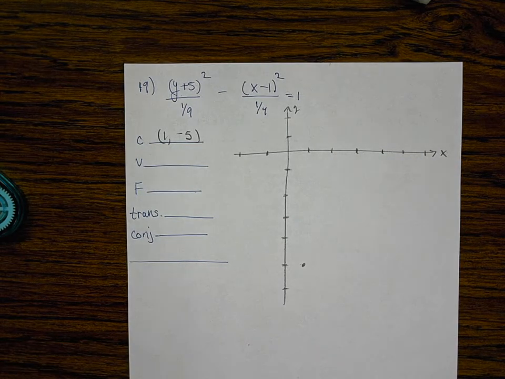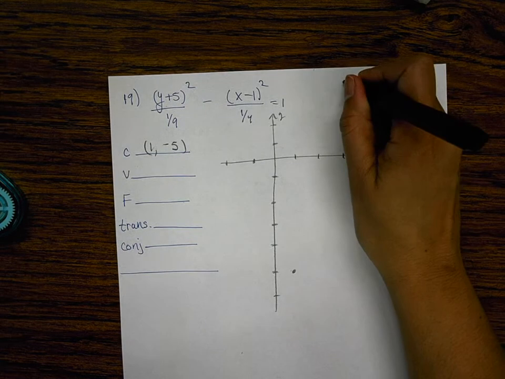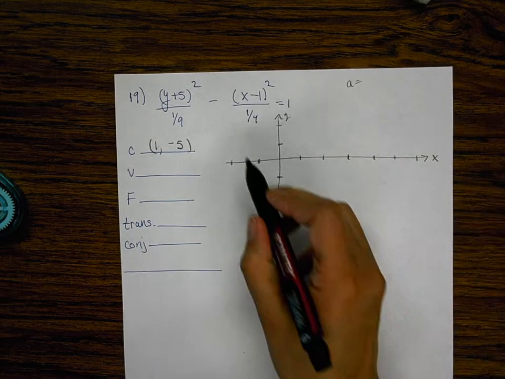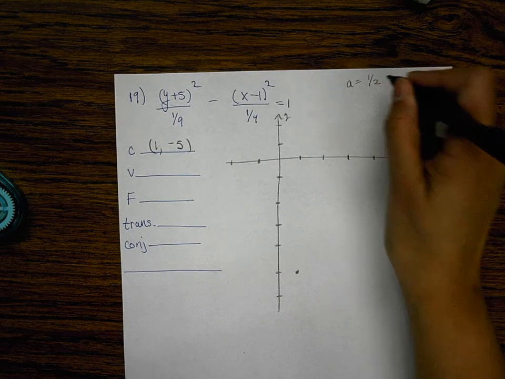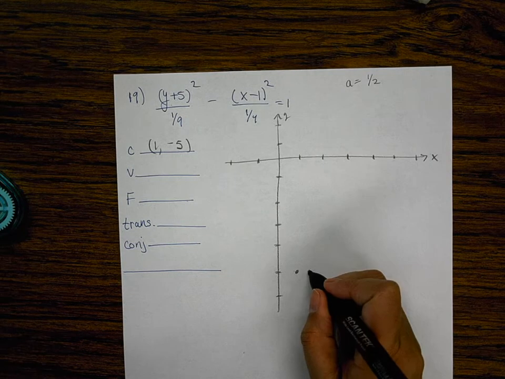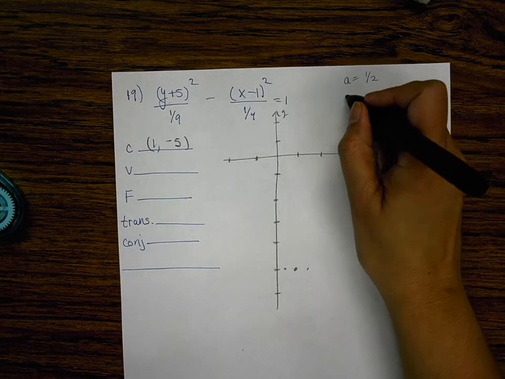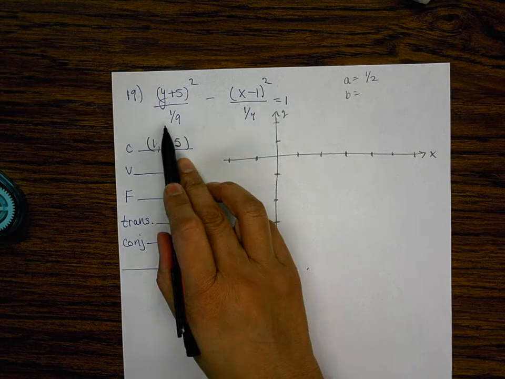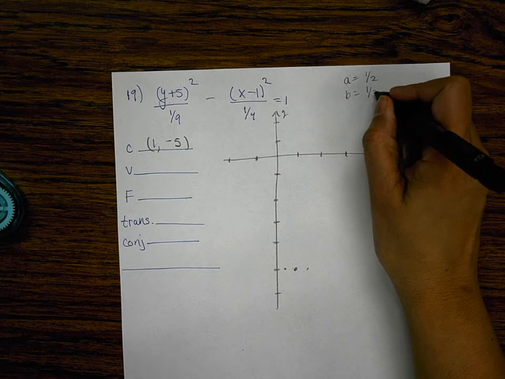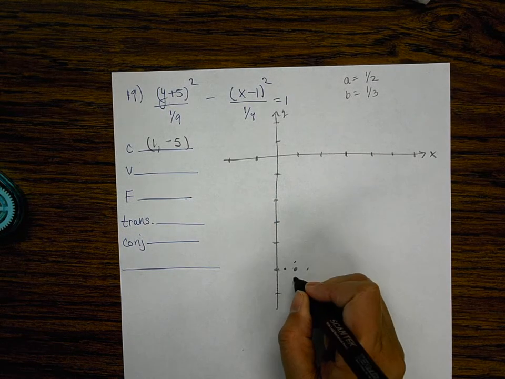Okay, and my a is the x because it's right and left, so the square root of 1/4 is 1/2. So I'm going to go right 1/2 and left 1/2. And then my b value is my up and down, which is with the y, that's 1/3. So I'm going to go up 1/3 and down 1/3.